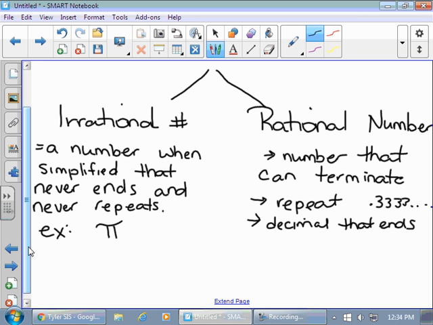You could actually have working dogs, and under working dogs, then you can have things like labs, German shepherds. You could have house dogs, which are more your little bitty house pets. So under rational numbers, we're going to break down into other types of numbers.